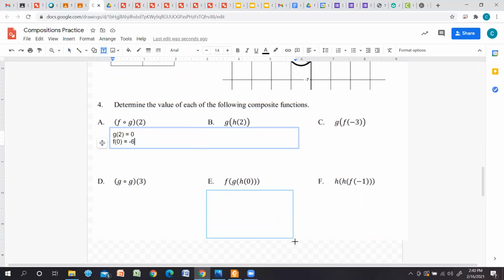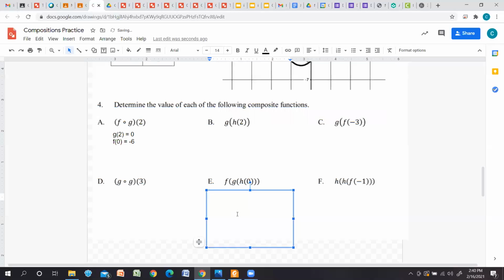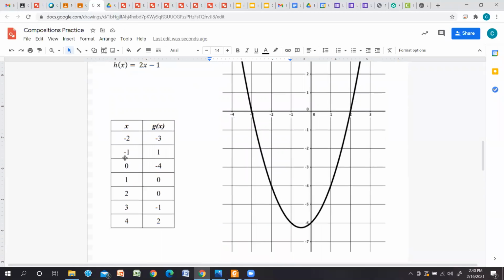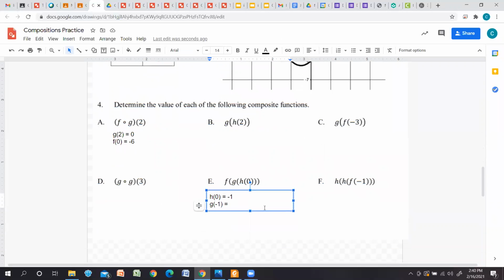So we just go from the inside, the last function, to the outside. Then I think that's the input for g. So then we find g of -1. The output for h is the input for g. g of -1 is 1.